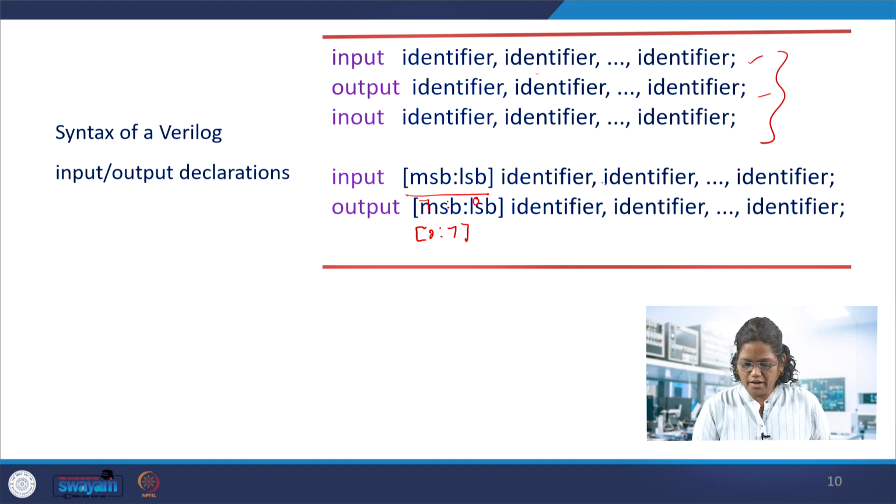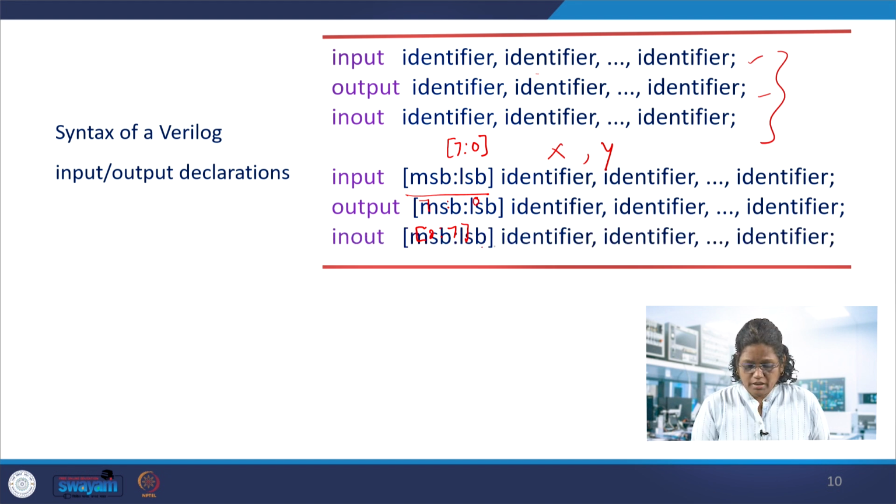Suppose you are writing X comma Y as 7 colon 0, meaning X is of 8 bits and Y is also of 8 bits. So this is the multi-bit declaration, where the port identifiers are multi-bit. The in-out declarations should also be in this way.